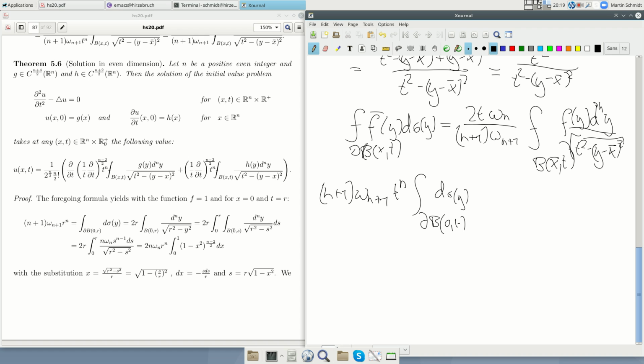And now we use our parameterization: 2 times, for the lower and upper hemisphere, dy over the ball in R^n, and we have this factor R square minus y square.